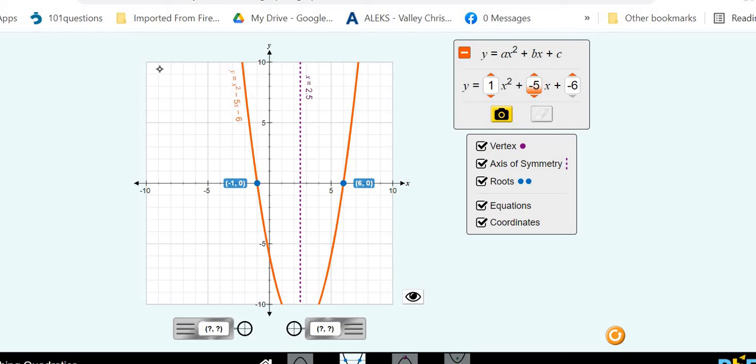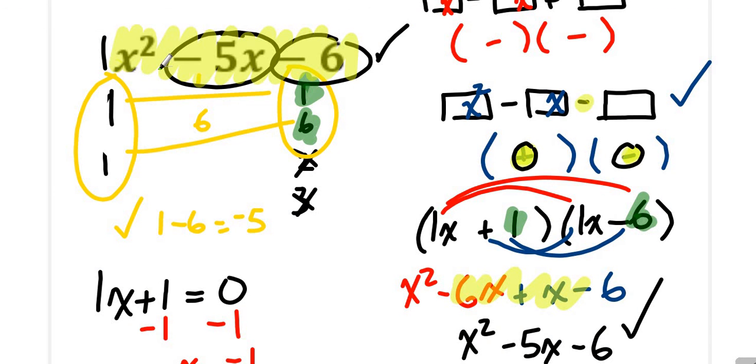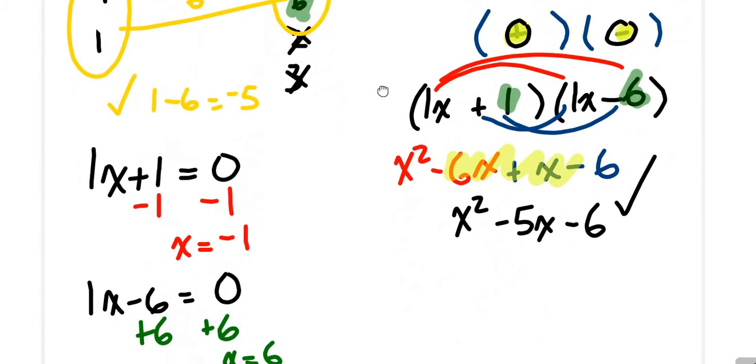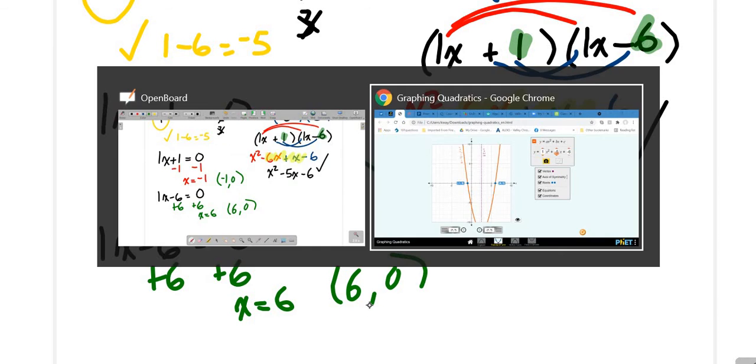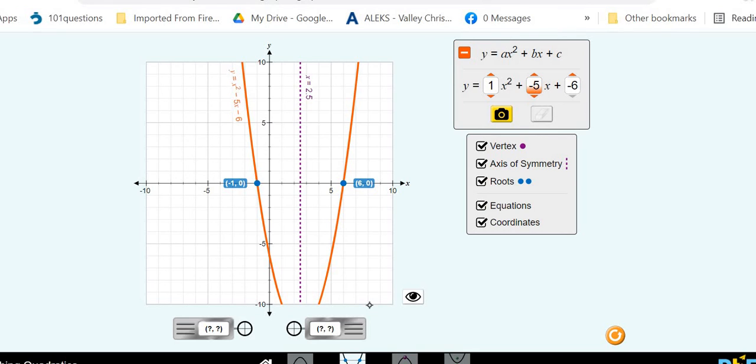Watch very carefully. Do you see that? Negative 1, 0, and 6, 0. That is exactly where the parabola crosses the x-axis. That is called the zeros.